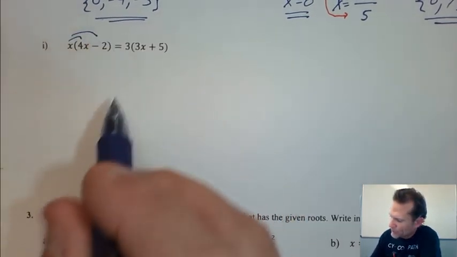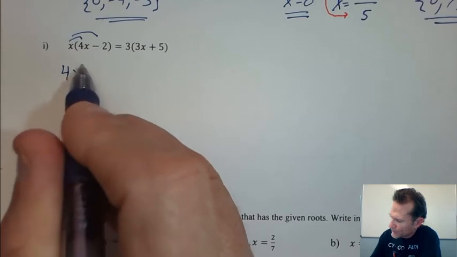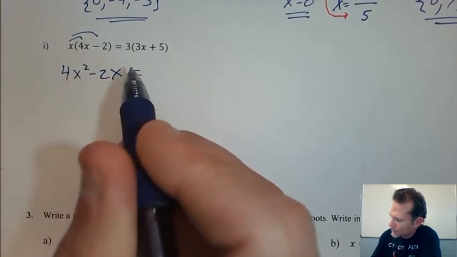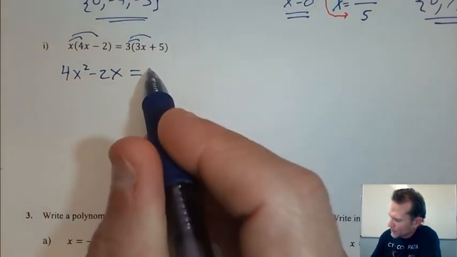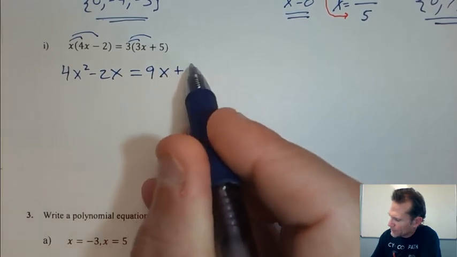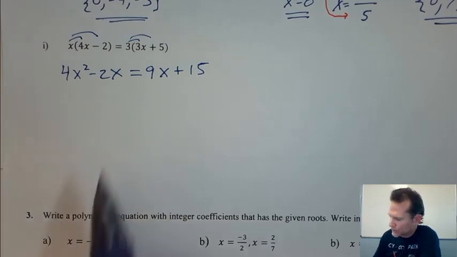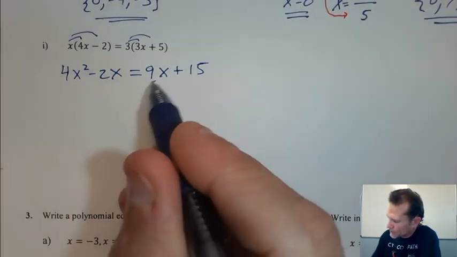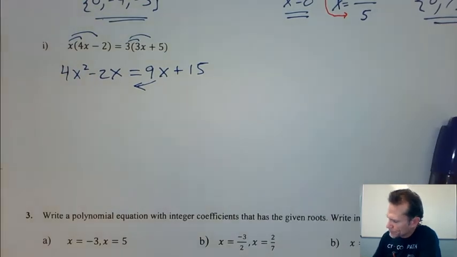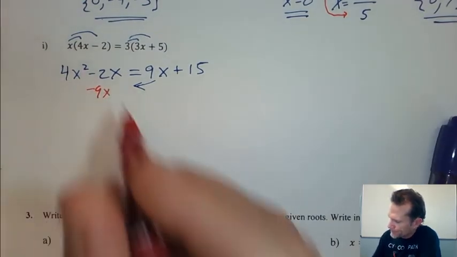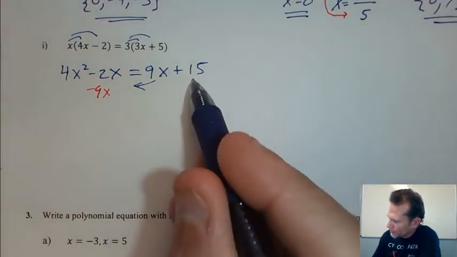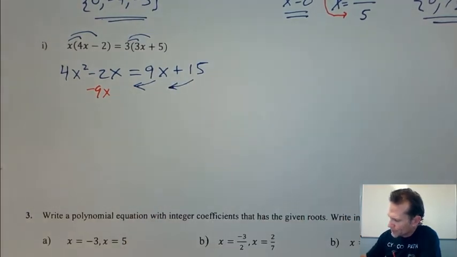We have to distribute this first, and we get 4x squared minus 2x. On this side, we get 9x plus 15. Okay, so we have to get all our terms onto one side and get this equal to 0. So I'm going to move this over, subtract 9x, and I'm going to move the 15 over, subtract 15.